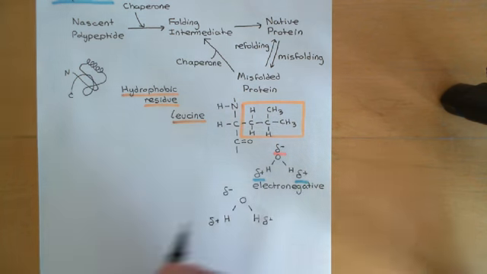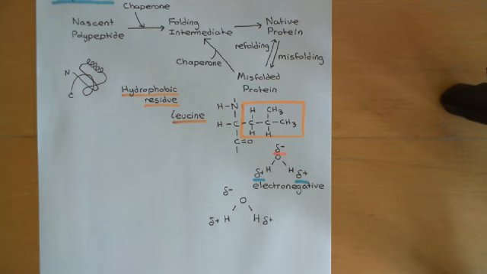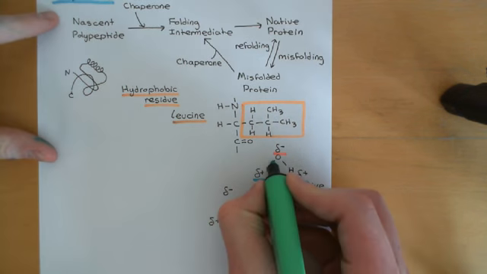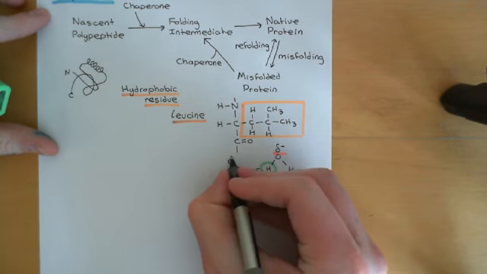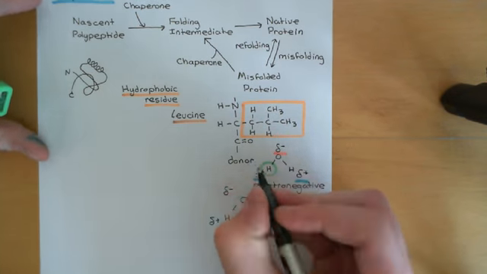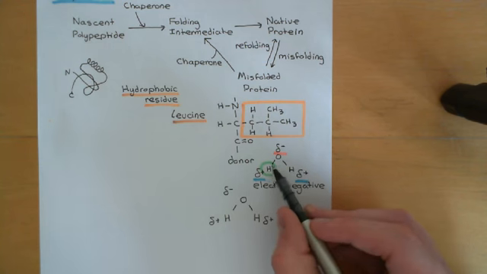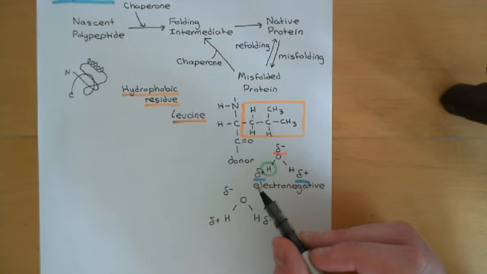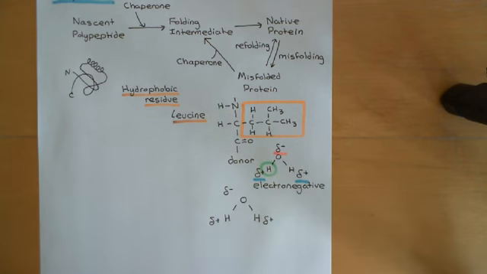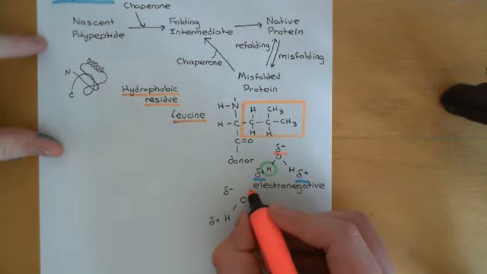Okay, so remember, to form hydrogen bonds, what you need is a hydrogen bond donor, which is the hydrogen here. The characteristics of a hydrogen bond donor are that it's a hydrogen atom that's partially positively charged. And you also need a hydrogen bond acceptor.